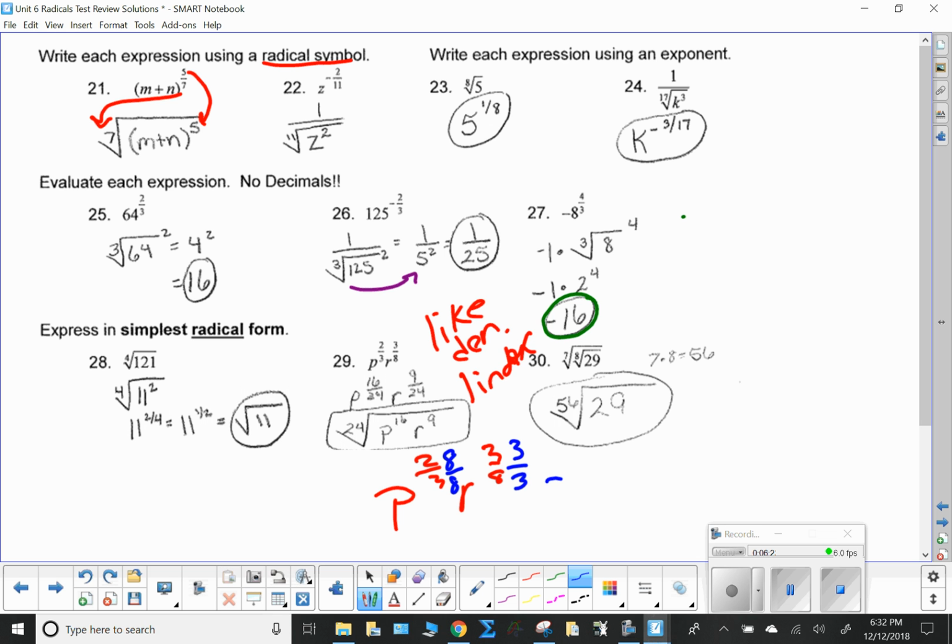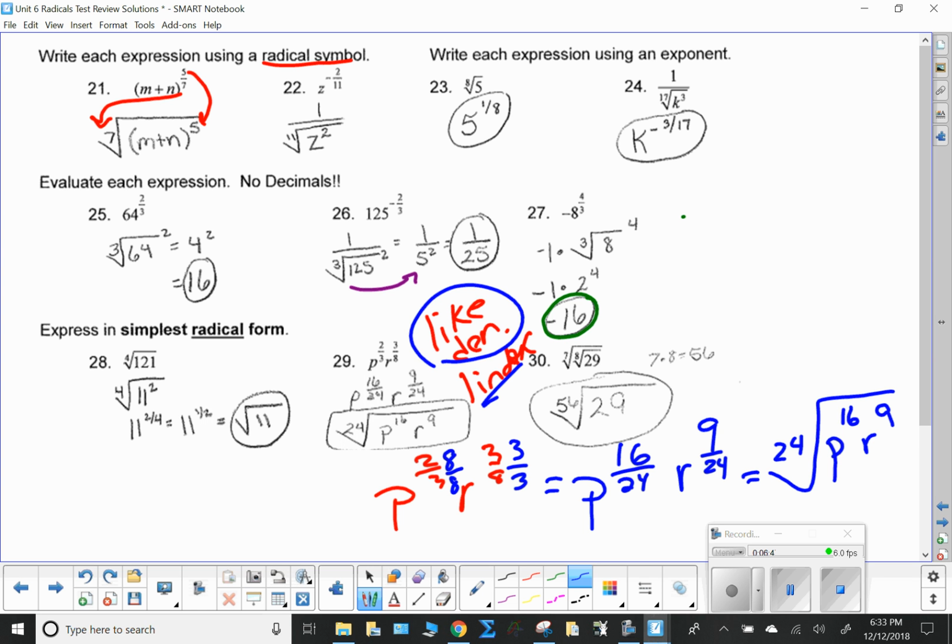That's how I get p to the 16 over 24, r to the 9 over 24. Now that the index is the same, I can do one radical, the 24th root of p to the 16th power, r to the 9th power. You need like denominators so that you will have a single index. That's your key.